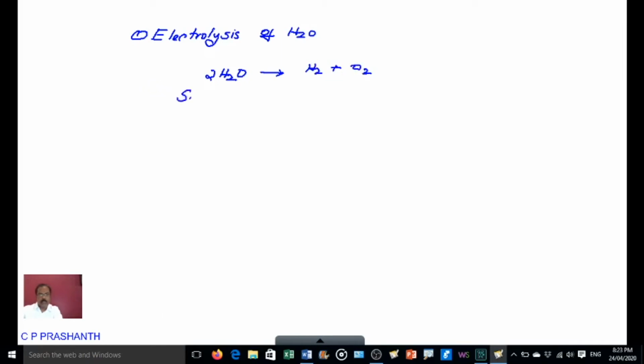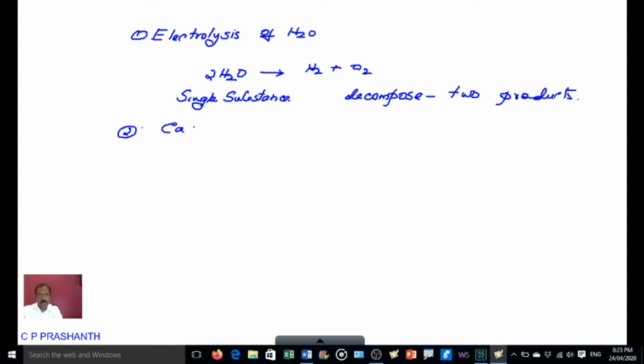If you have doubts, you can go back to those reactions and see again. Now here what you can see is there is a single reactant which is water. When electricity is passed through it, it gave you two different products, hydrogen and oxygen. You also must have realized that the volume of hydrogen is twice the volume of oxygen. You can see the reaction once again if you want.